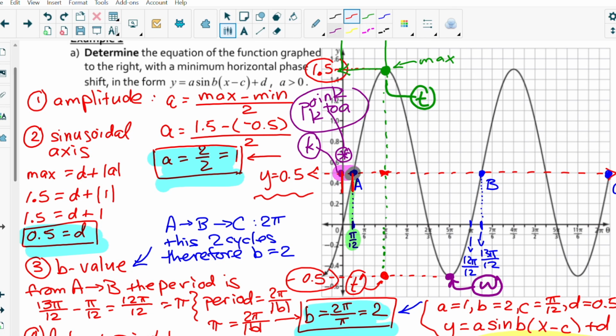For W prime, when that flips, when A is less than 0, what happens here? So let's go to that. Okay, so if I'm looking here, this W value is going to flip all the way to the other side, equidistant from the sinusoidal axis, right? So right here, this is W prime.